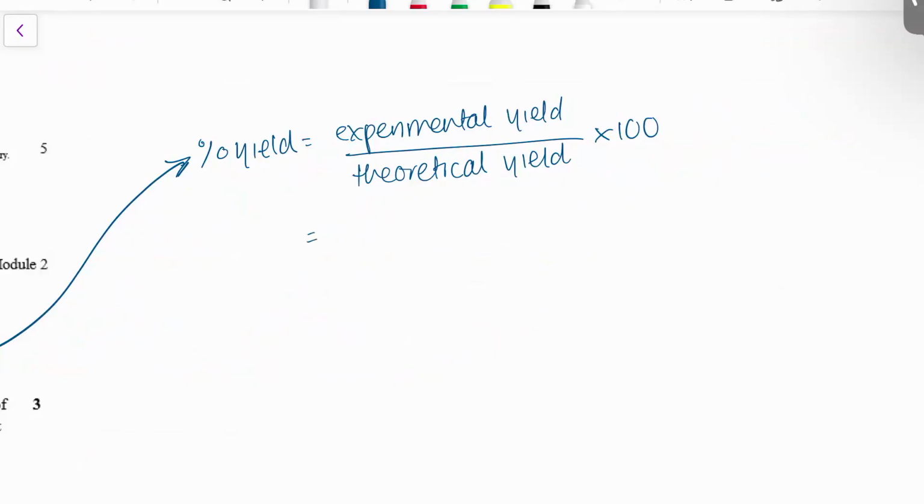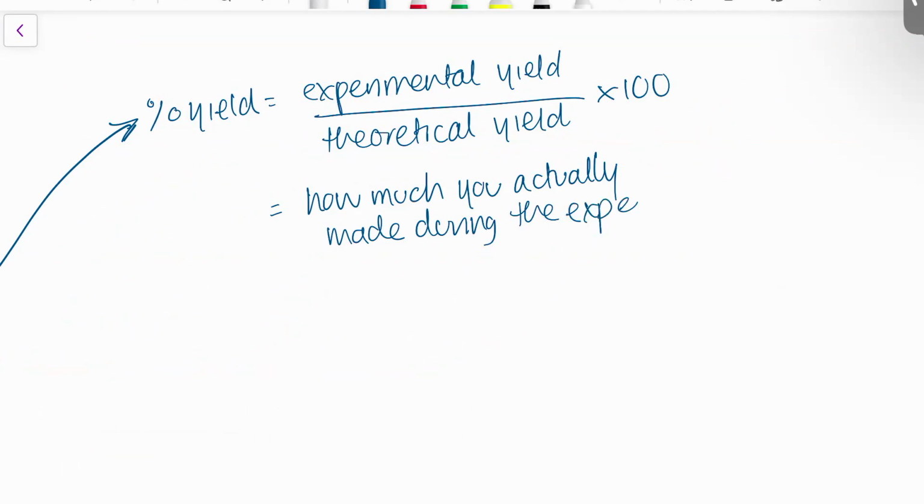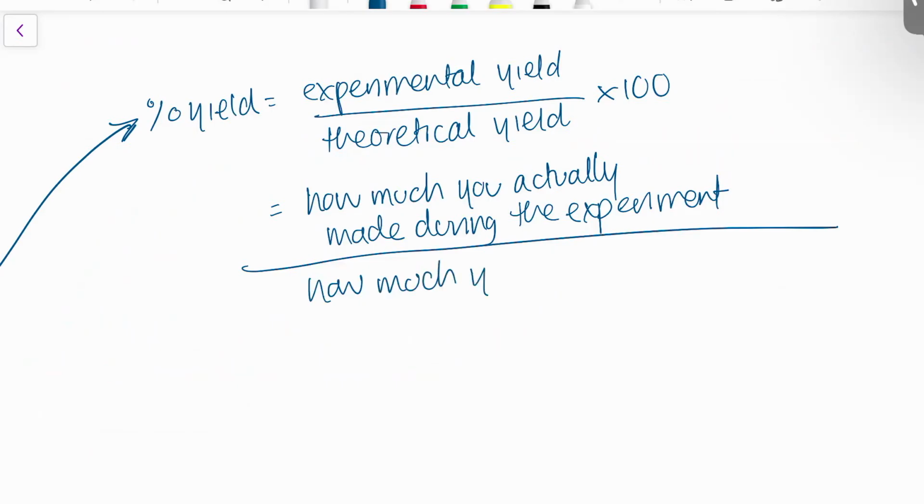In colloquial terms, it's this. In a way that makes more sense, it's how much you actually made during the experiment over how much your calculations say you're supposed to make.